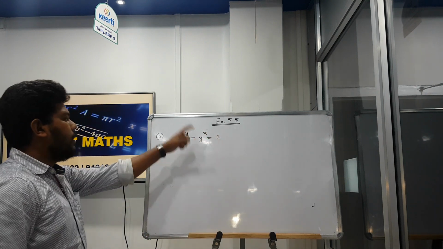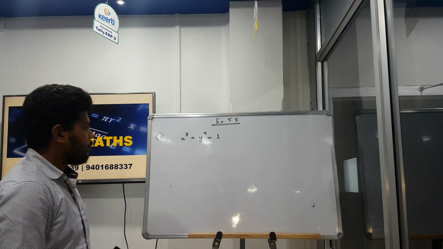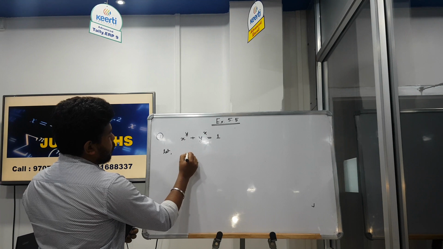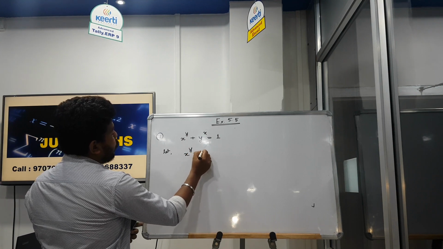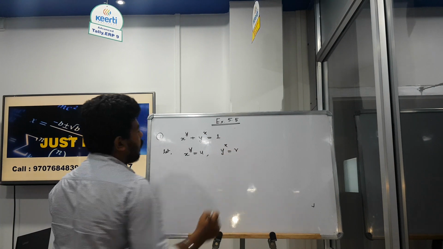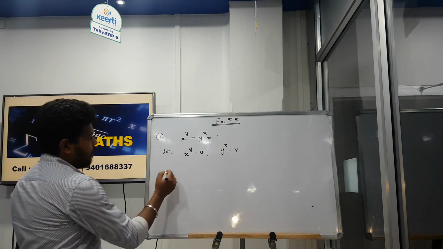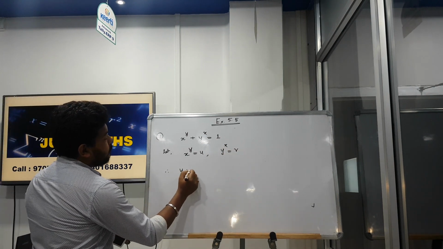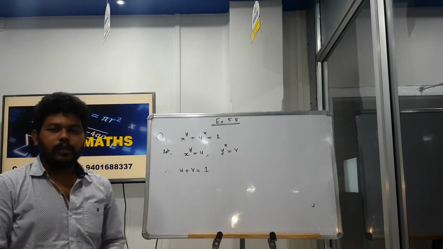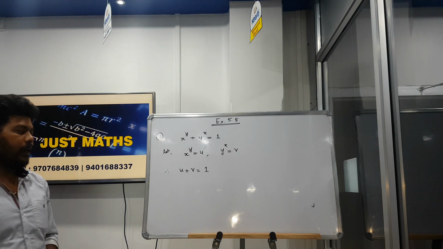How to find this? Let x to the power y is equal to u and y to the power x is equal to v. Therefore, u plus v is equal to 1. Both are variables. Both are functions of x and y.